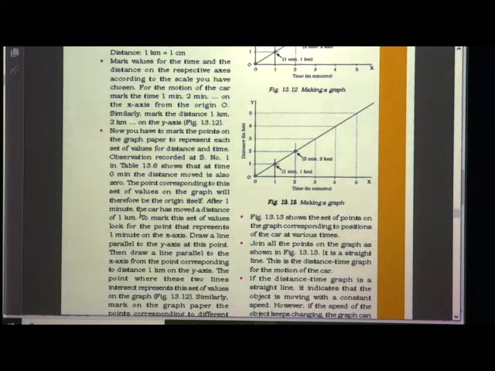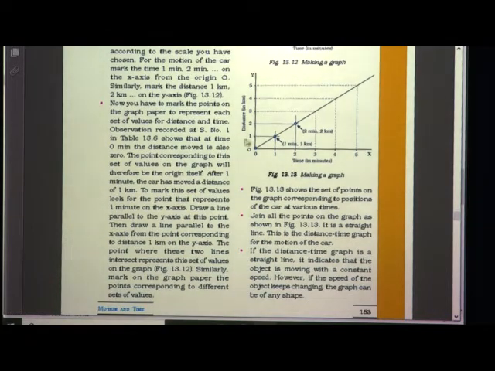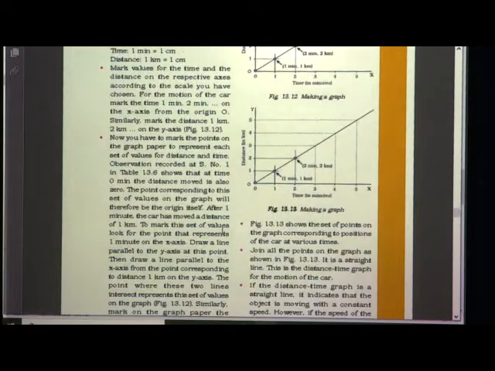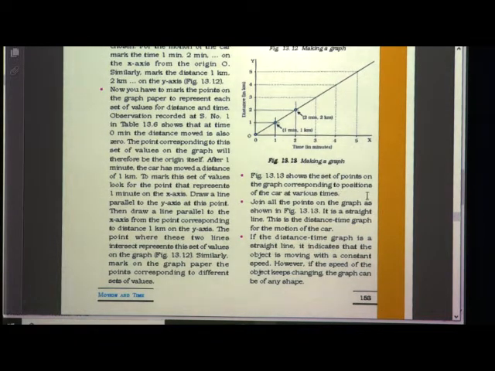So after 1 minute the car has moved a distance. Then to mark the set of values, look for the point that represents 1 minute. Like this we completed our points marking: 1, 2, 3, 4, 5. Now, what do we have to do? Figure 13.13 shows the set of points on the graph corresponding to positions of the car at various times.